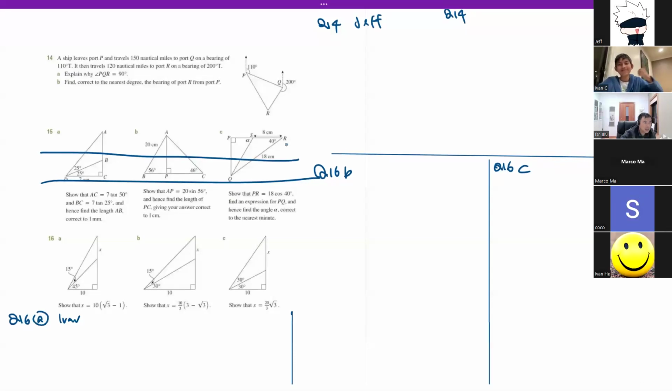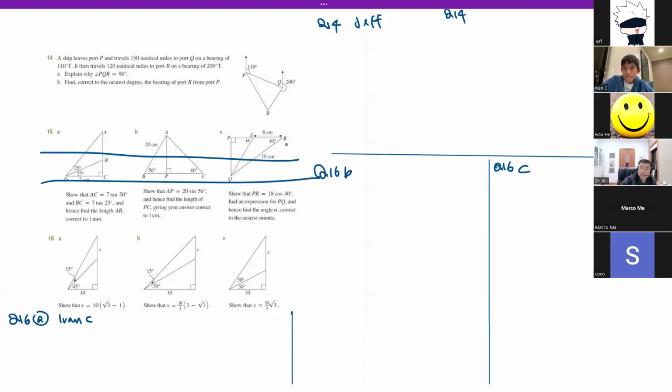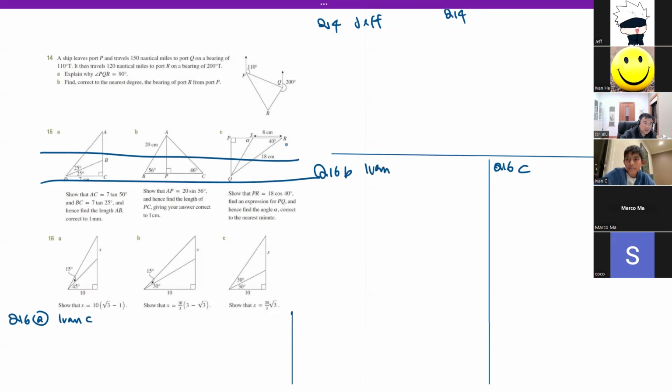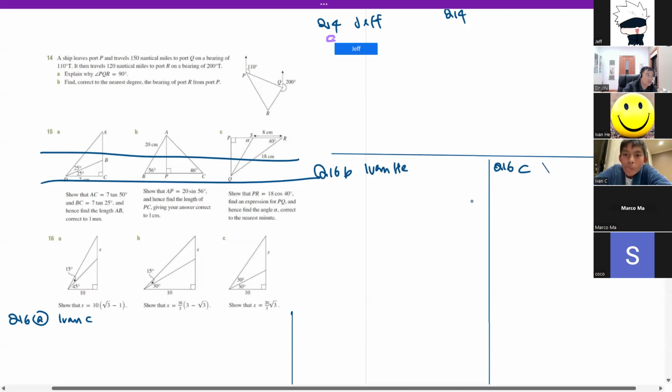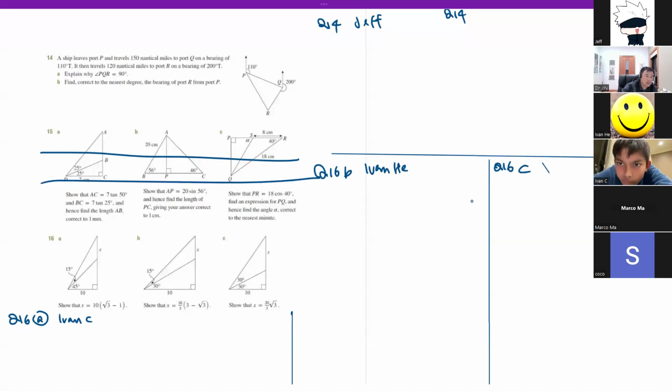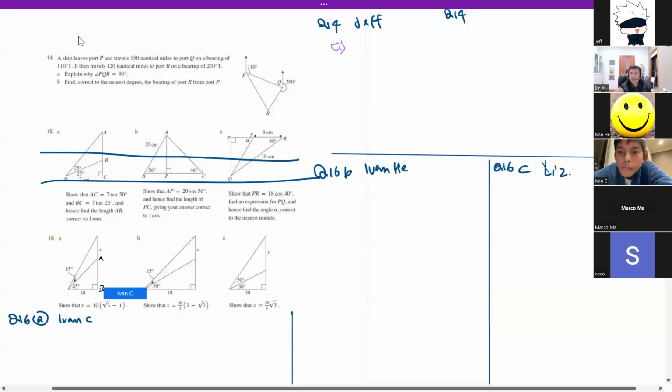Ivan C, 16A. 16B, Ivan He. And anyone else? All right, it's fine. If no one, it's fine. We'll let people wait when they come back. So anyone interested to do question 16C? You can just raise your hand. I'll let you do it. I'm checking, right? Leeds, are you around? Do you want to do this? I'll probably give it to Leeds. If you come back late, just do it quickly. You can have time to do it. Cool.